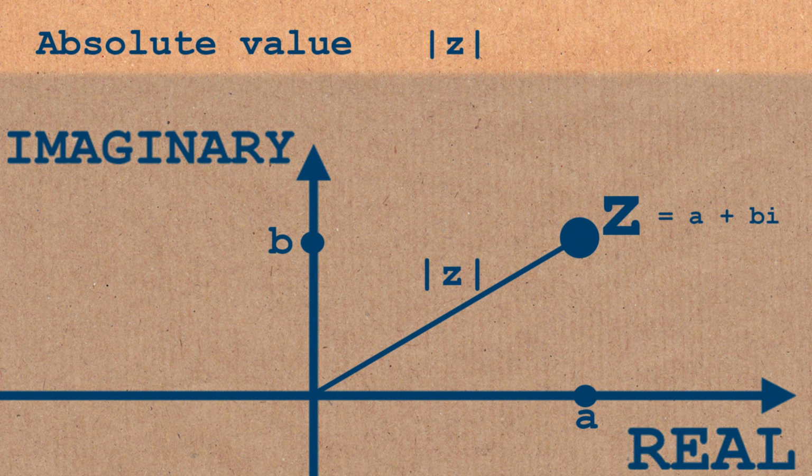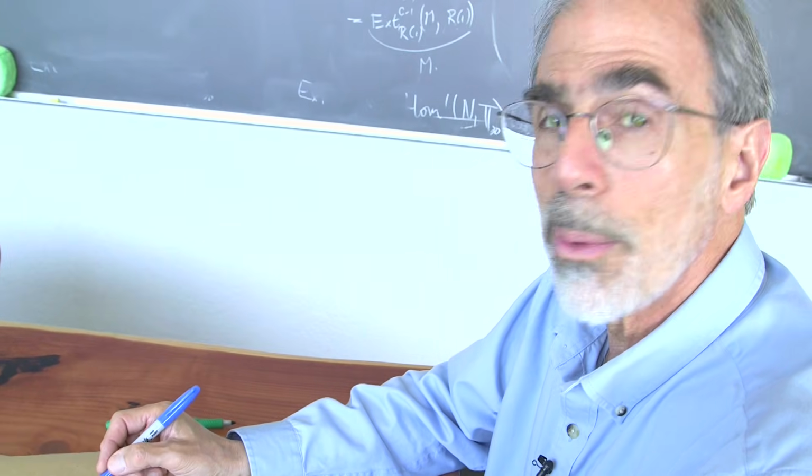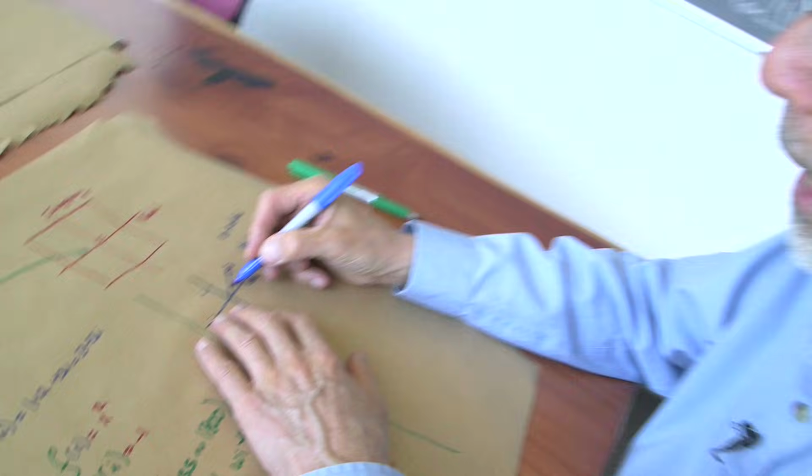If you know the Pythagorean theorem, you know the length of this vector is gotten by taking the square of the real part plus the square of the imaginary part and taking the square root of that. So if z is a plus bi, then the absolute value of z, the magnitude, is the square root of a squared plus b squared. Just Pythagorean theorem. Now, there's another thing that you need to determine where that vector is, and that's the angle.